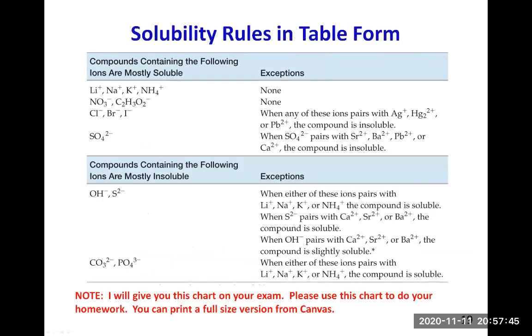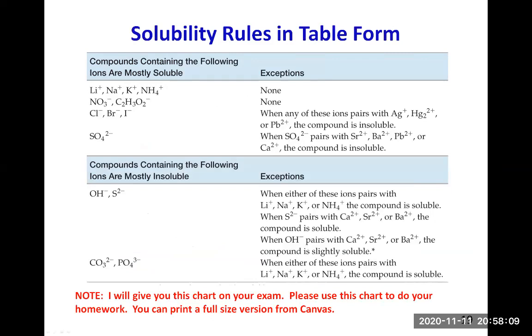So here we confirm that anything containing sodium is a soluble compound. Now we have CuS. There is no copper, but there is the sulfide, and it's listed among the mostly insoluble compounds. So the sulfide is there with the hydroxide, first line of the mostly insoluble part of the table.